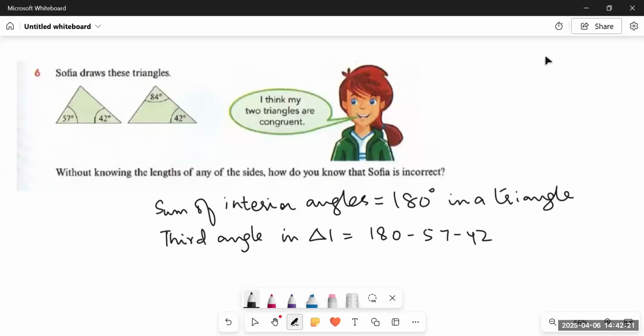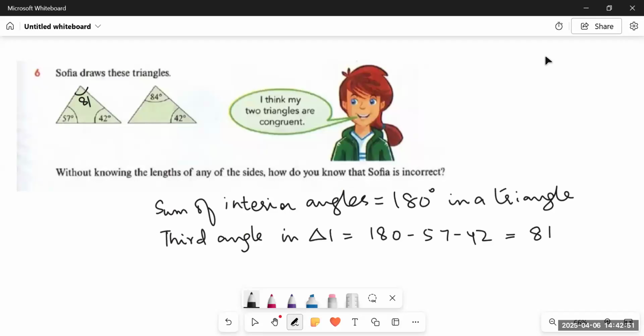We will simply add 57 with 42 and the answer is 99. And then we will subtract it from 180, so the answer would be 81 degrees. It means the third angle would be 81. It means the two triangles are not congruent because the two angles in triangle 2 are 84 and 42. Only one angle is equal in the two triangles. Hence, these two triangles are not congruent to each other.